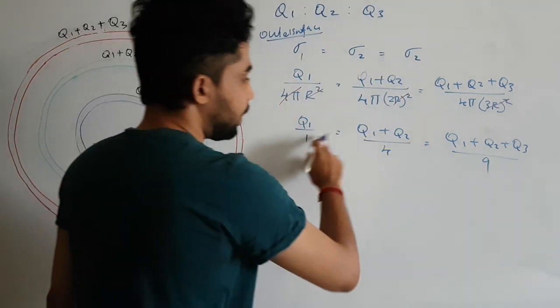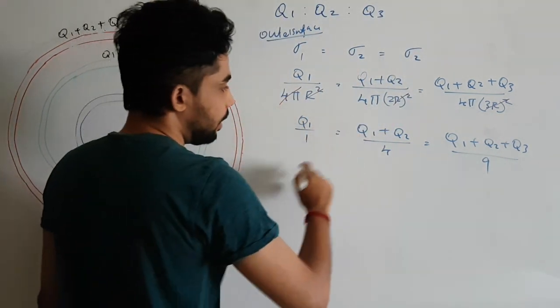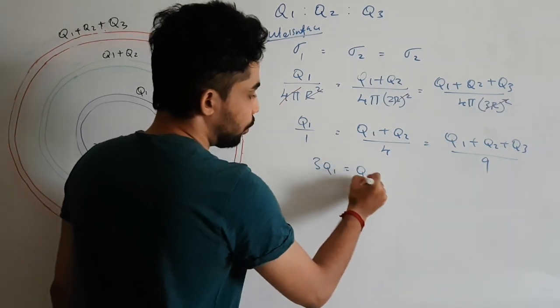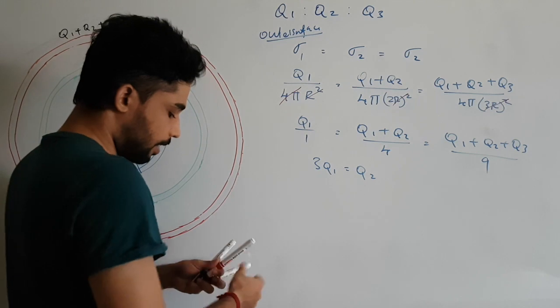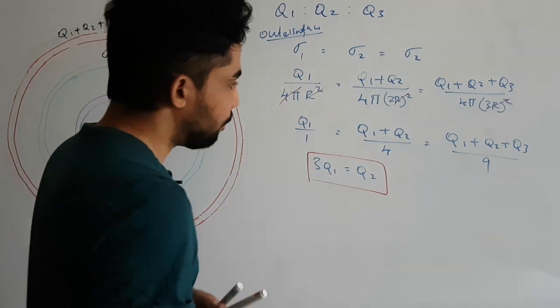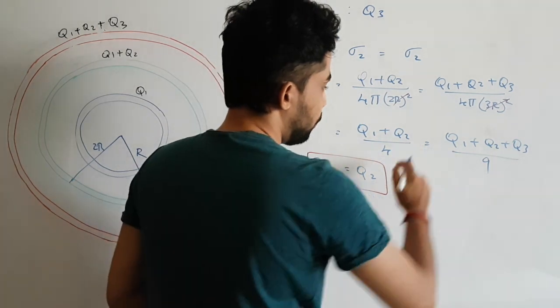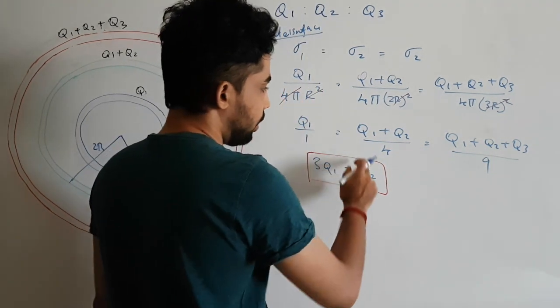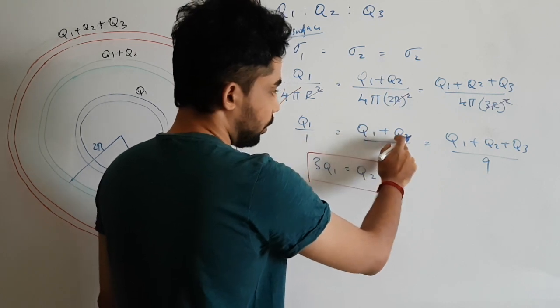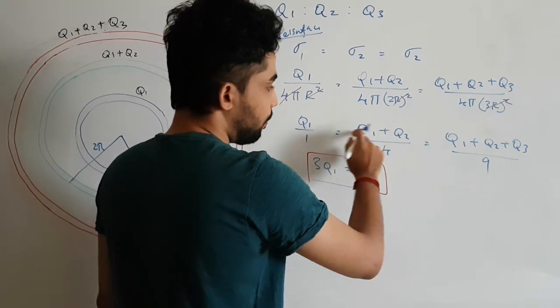If you simplify the first two, bringing 4 to this side and 1 to that side, you will get 3q1 is equal to q2. So we got a relation between q1 and q2. In the same way, if I take the last two expressions and substitute this value of q2, here it will be 4q1, since q2 is 3q1, so 3q1 plus q1 is 4q1.